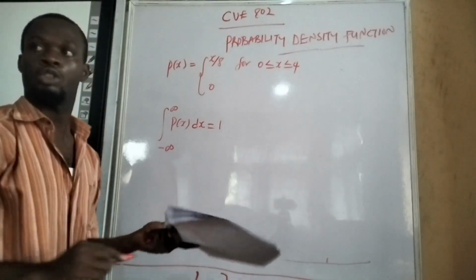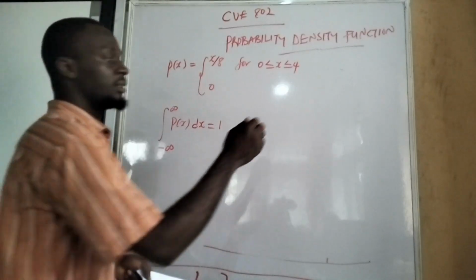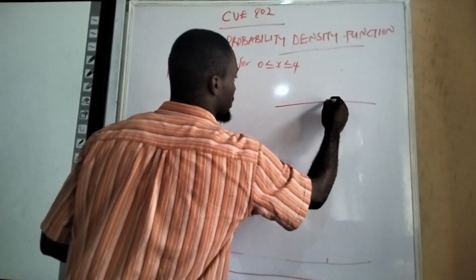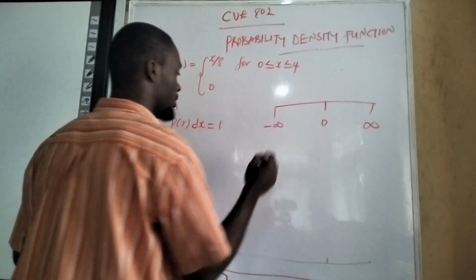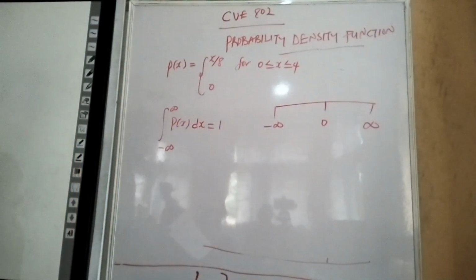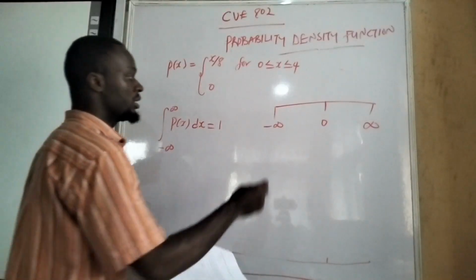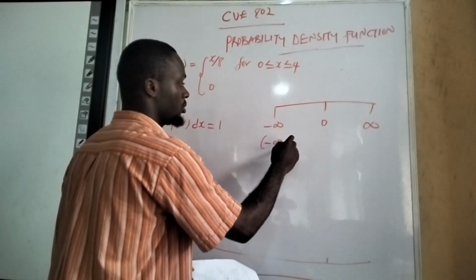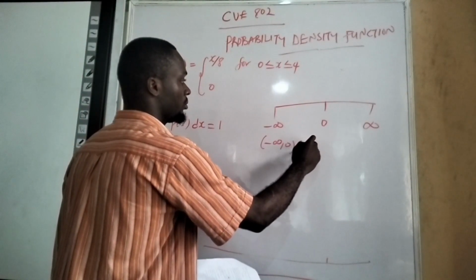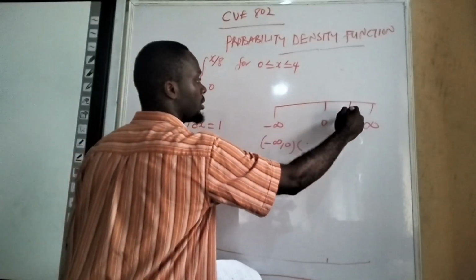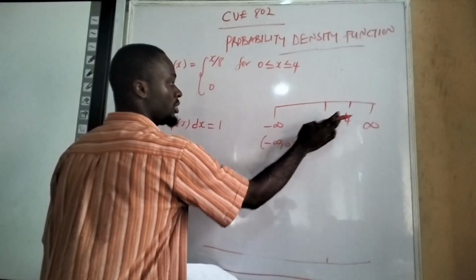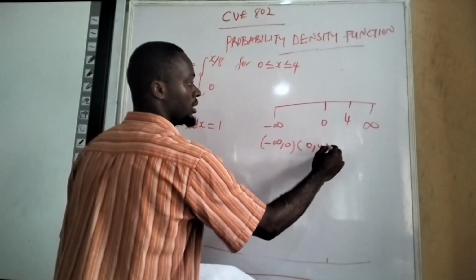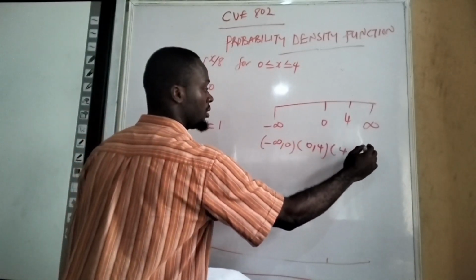So draw your number line. We integrate from negative infinity to 0, then from 0 to 4, then from 4 to infinity.